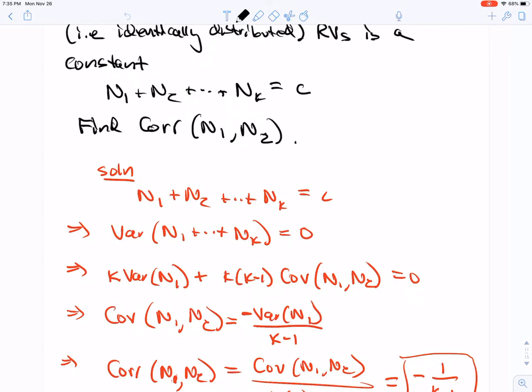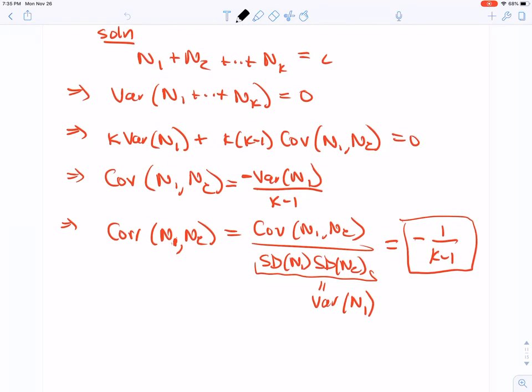You can then solve this for the covariance of n1 and n2. And to find the correlation, now we divide by SD n1 and SD n2, but n1 and n2 are identically distributed, so they have the same SD, so their product is just the variance of n1, so that will cancel from above, and we get minus 1 over k minus 1.